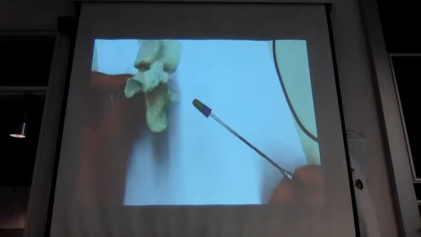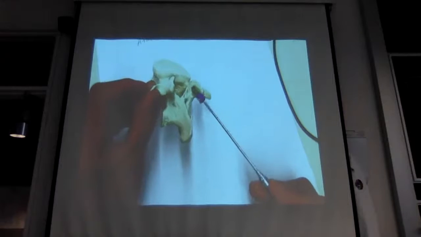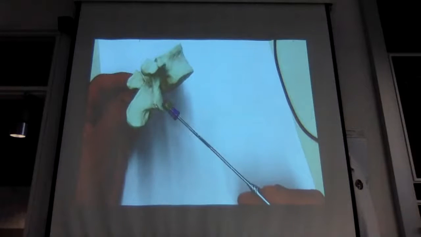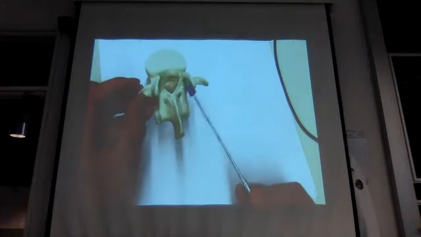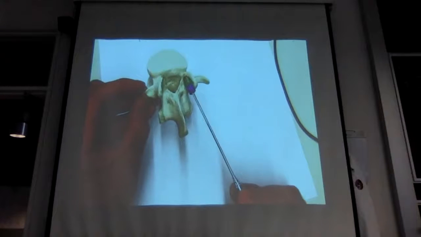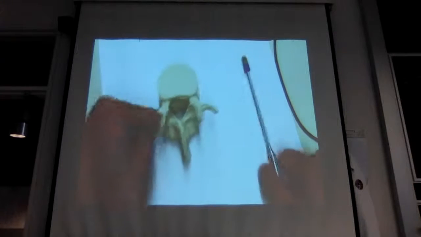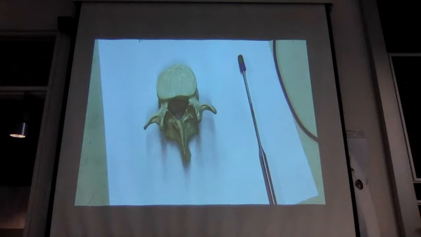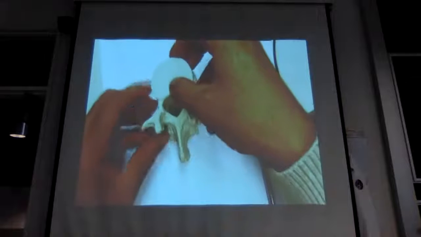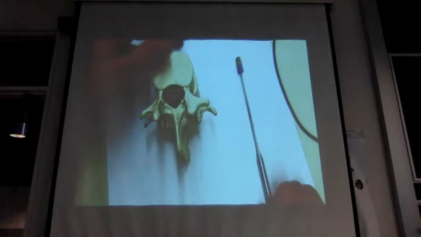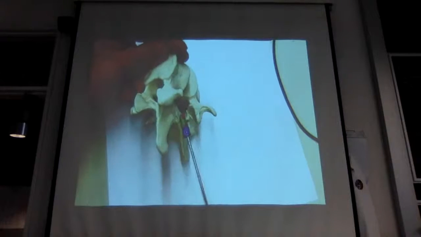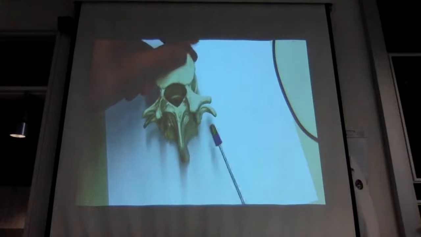Do you see these flat parts here? So this is flat right here, and it's flat right here. Those are articular facets. Superior articular facet, inferior articular facet. When you have two vertebrae stacked on one another, those facets, the inferior of one and the superior of another, that's what articulates.